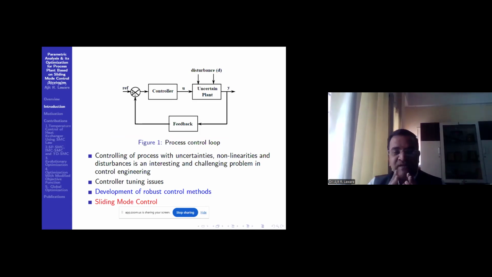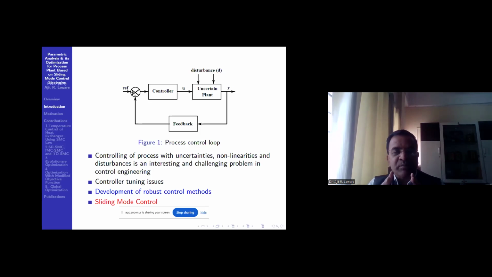Real-time plants are always subject to parametric uncertainty and external bounded disturbance. Despite uncertainty and disturbances, the controller must regulate the plant, and the output should track the set point value. But the plant output depends on sensor noise, load changes, and some unmodeled dynamics.